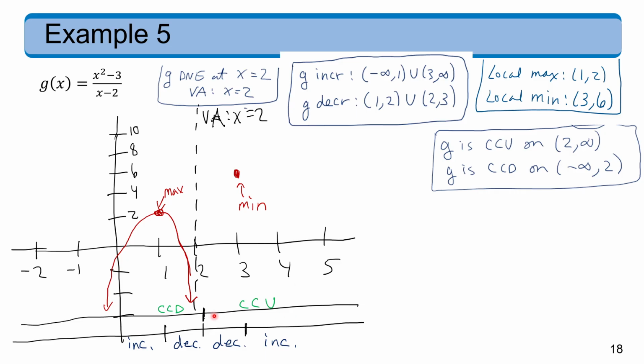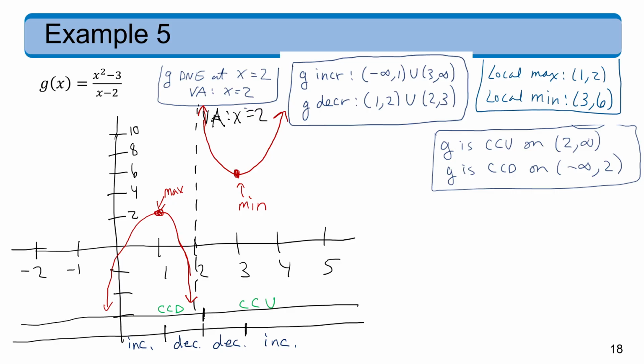And the whole time, this piece is always concave up. Okay, so that means it comes in from here, decreasing, concave up, hits the minimum, switches to increasing, but still concave up. Notice that tells us it's approaching our vertical asymptote on this side going up, and then this part goes up to infinity.